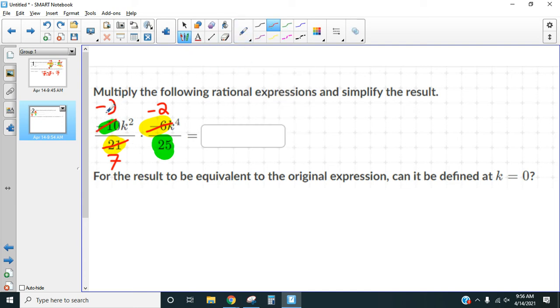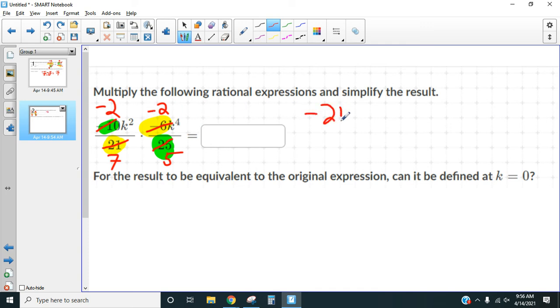Divided by 5, we get -2 and 5. Awesome. Can we cancel the k squared and k to the 4th? No, right? Remember, you can only cancel diagonally or vertically. We can't cancel horizontally.